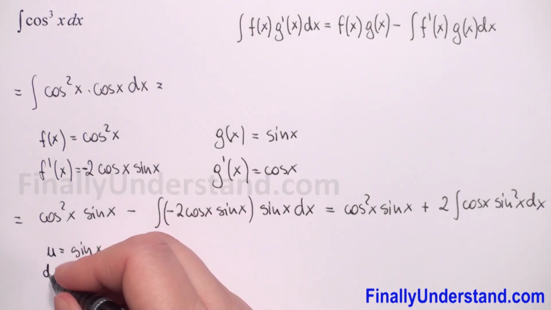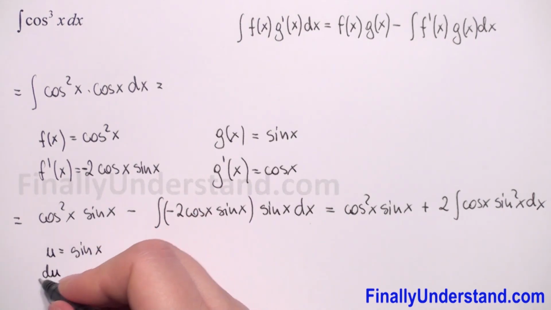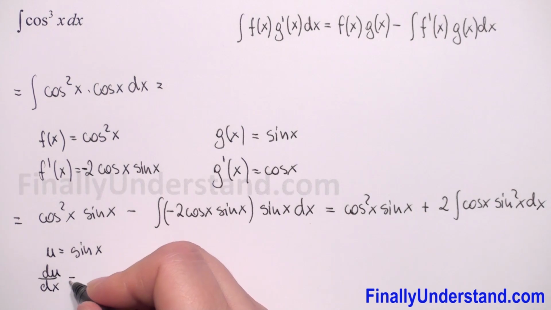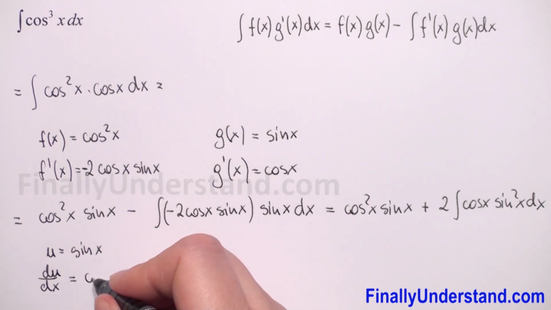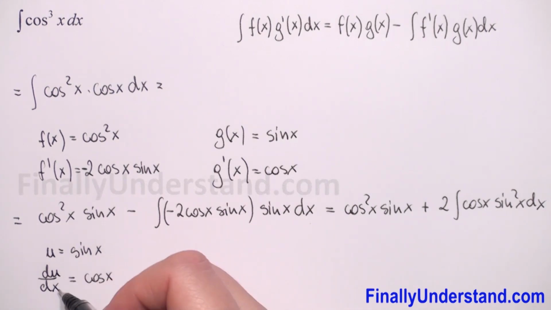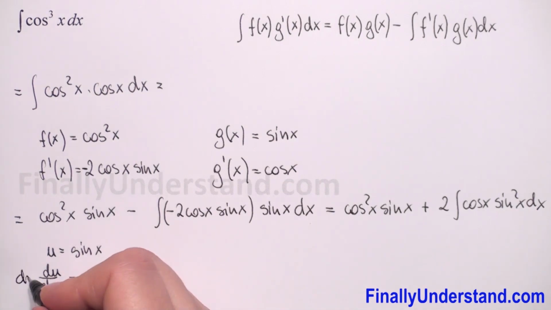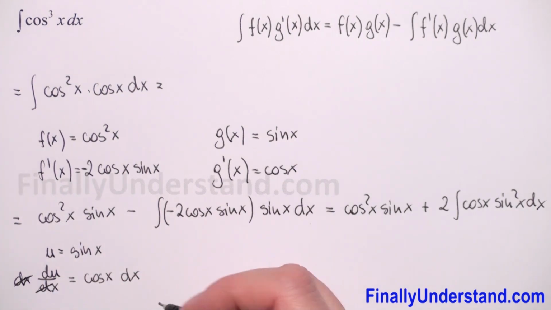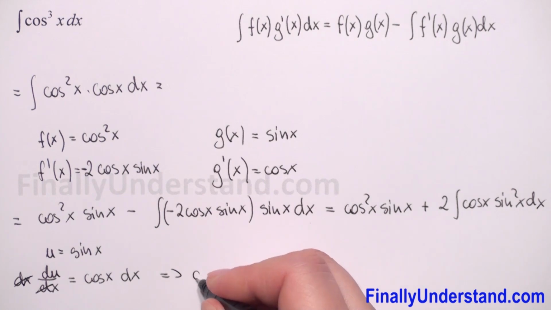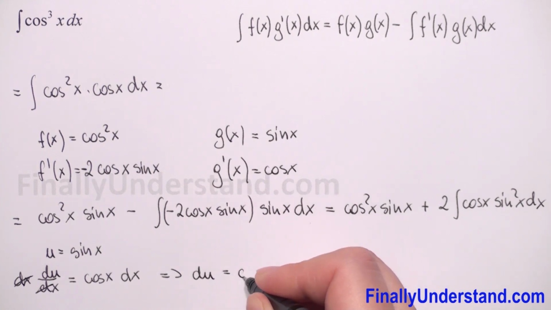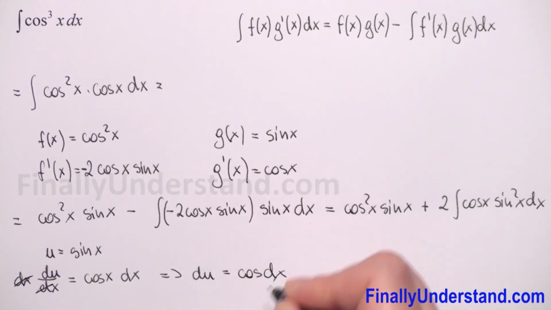So du over dx is equal cosine of x. Now to find du, because when we do u substitution we need to find du, we need to multiply both sides by dx. dx and dx we can reduce, and we have that du is equal cosine dx.